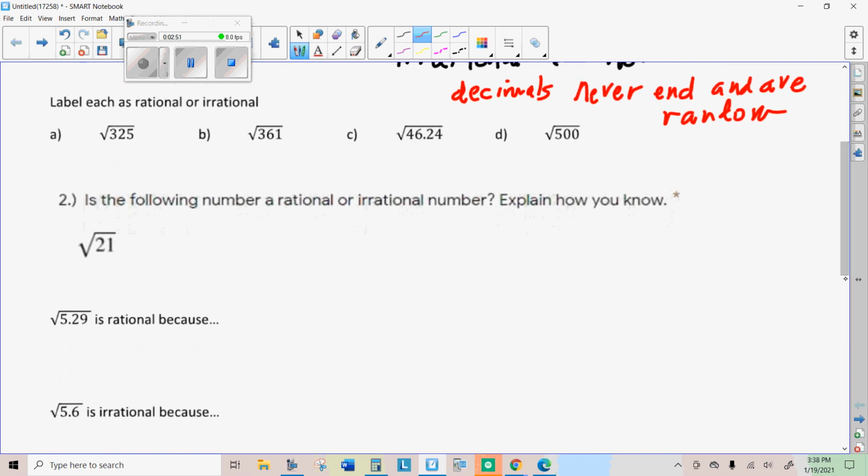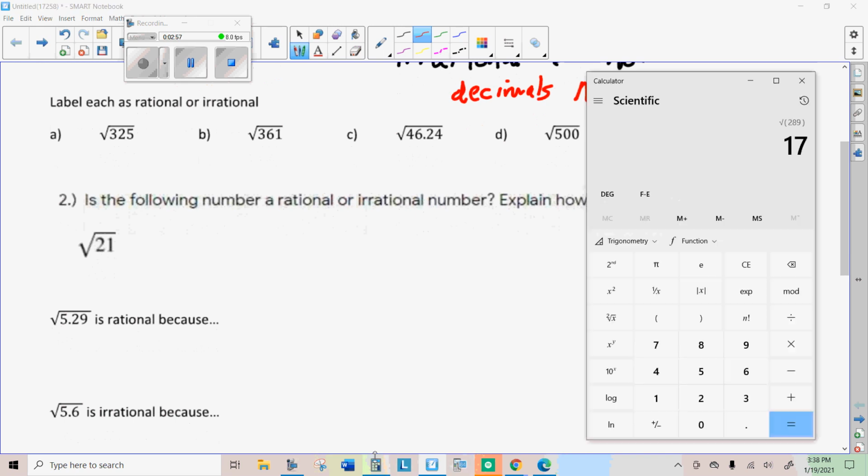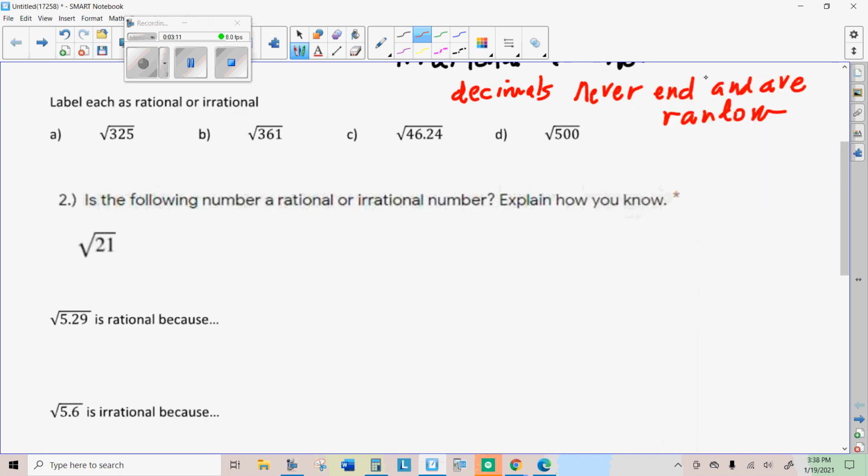Okay, number 2, we're going to look at that and let our calculator help us. And looking at that number, it appears that the decimal number never ends and is very random. It doesn't repeat. So we're going to say that this number is irrational.